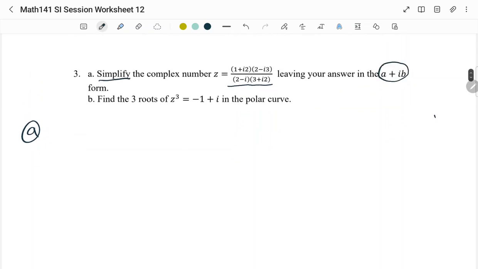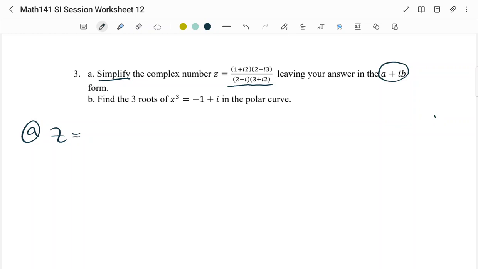Well, we know that a general rule when you have the quotient of two complex numbers is to always try to get rid of the complex numbers in the denominator.